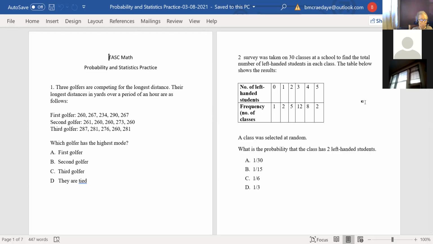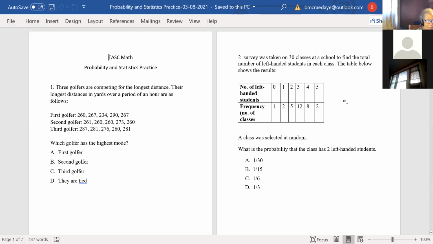Which number of classes has 2 left-hand students? Okay, in box 3. Got the two. It's the 2 left-hand students here, and you have the classes here, right?